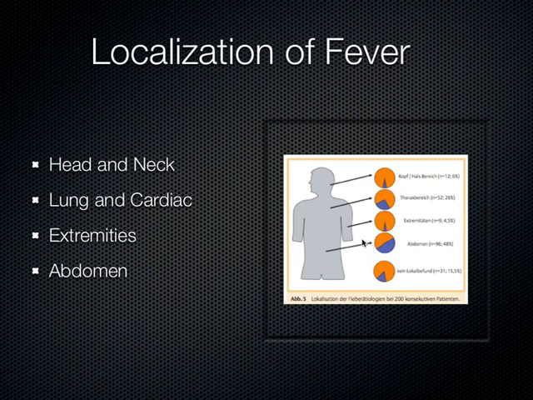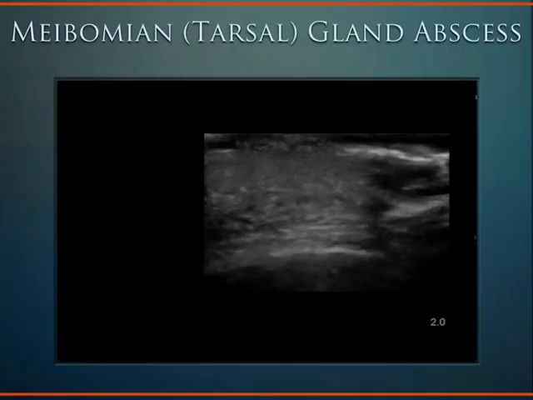Almost half the patients they found the information in the abdomen, and 15% had this. I have no idea what this means. So we're going to go through the head and neck, the lung, cardiac, extremities, and abdomen, searching for a fever. We'll start at the head.